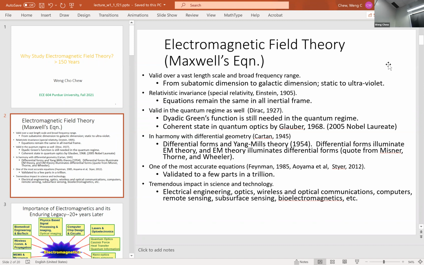And because of the omnipresent and the high accuracy and pervasive use of Maxwell's equations, this theory is very important in electrical engineering. For instance, in the low frequency regime, if you work with circuit theory, if you work for a computer chip company, where the signals are on the order of maybe kilohertz, megahertz, and gigahertz.